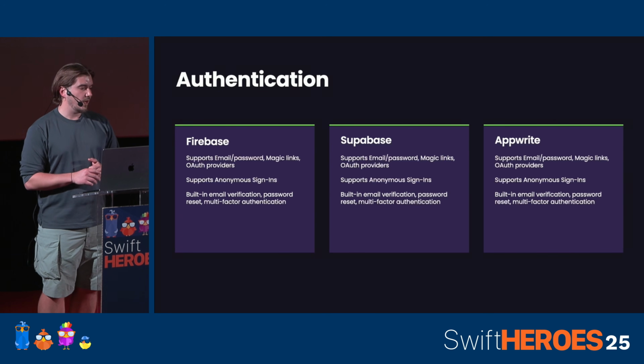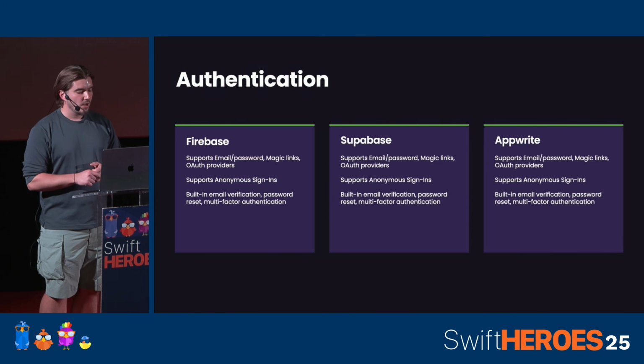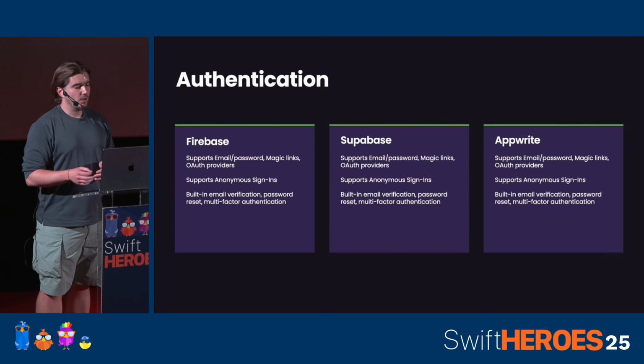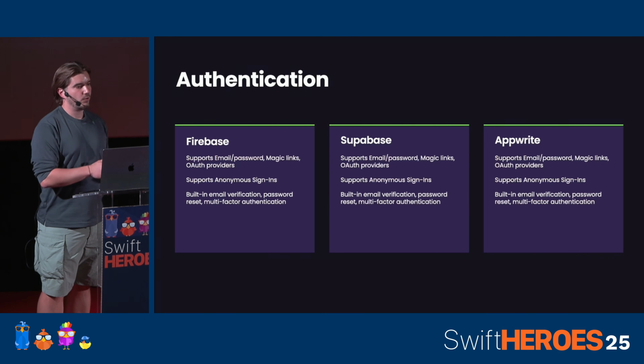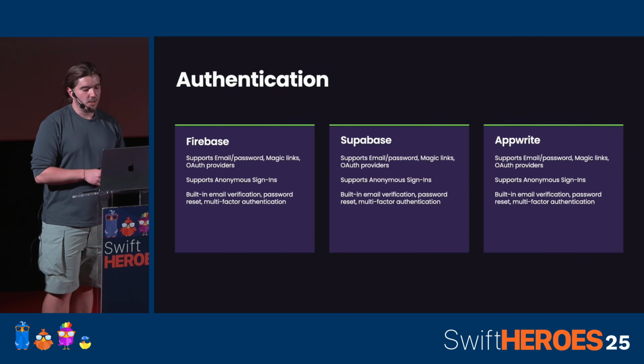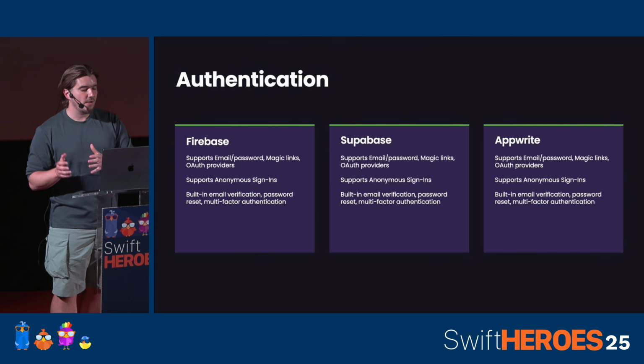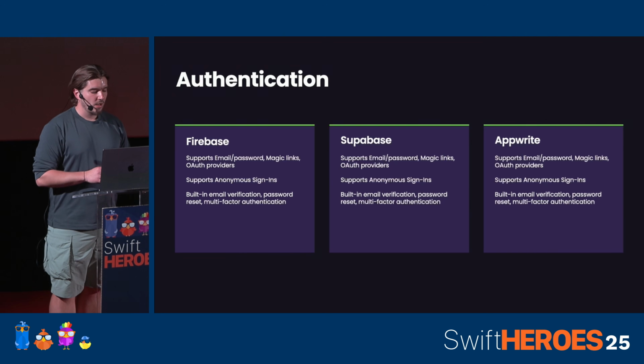All three support anonymous sessions, which means we can give access to our app before we force the user to sign in, which can be a really good balance between having and not having authentication at all. And all of them have built-in multi-factor authentication capabilities and an entire password management flow.